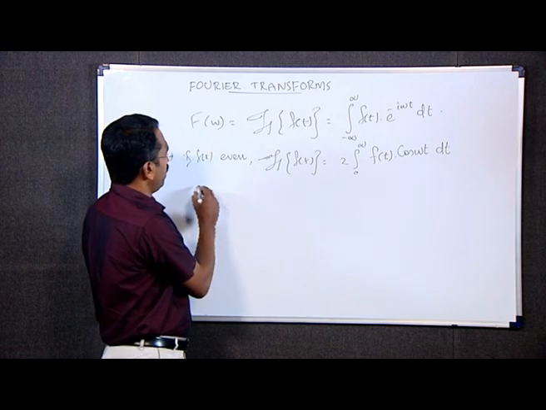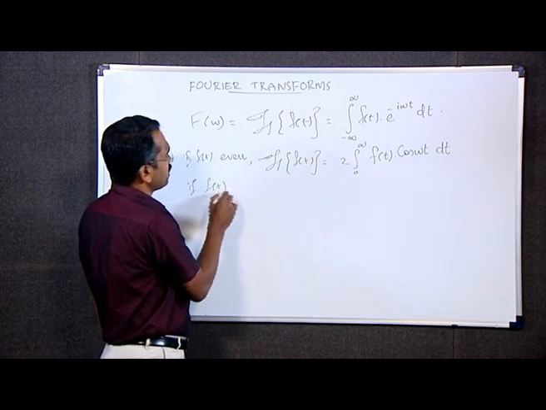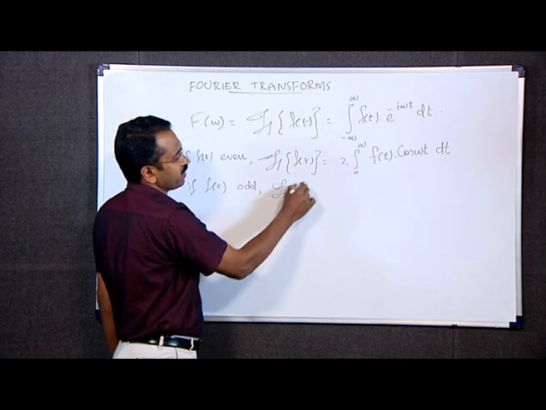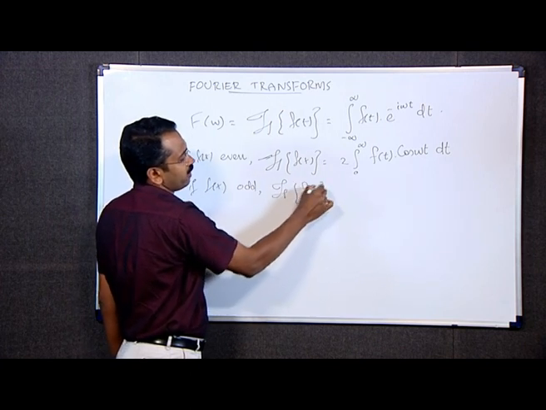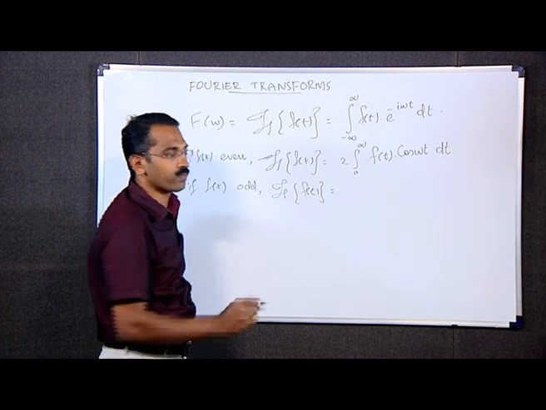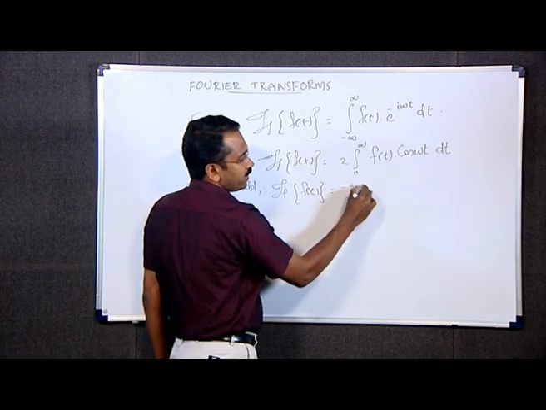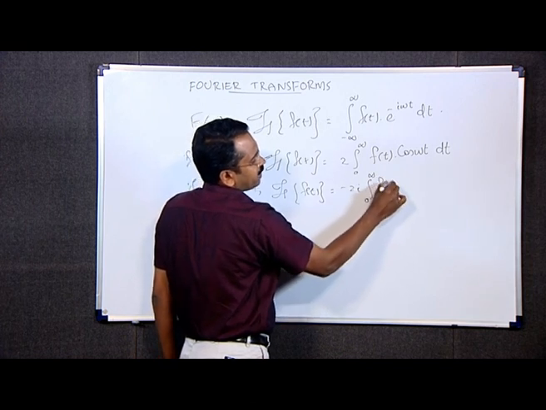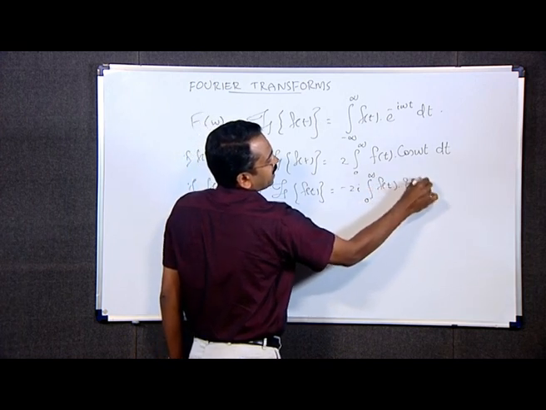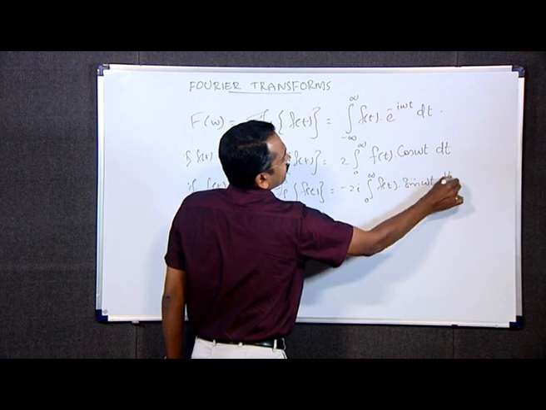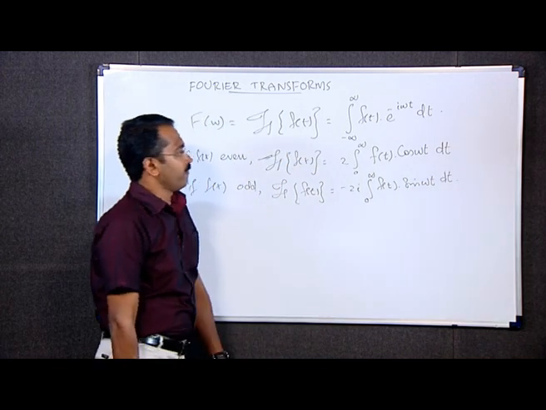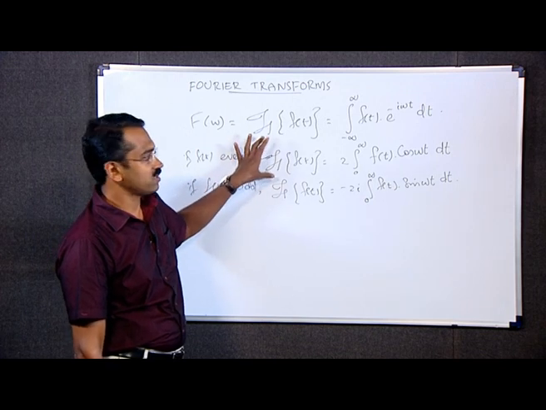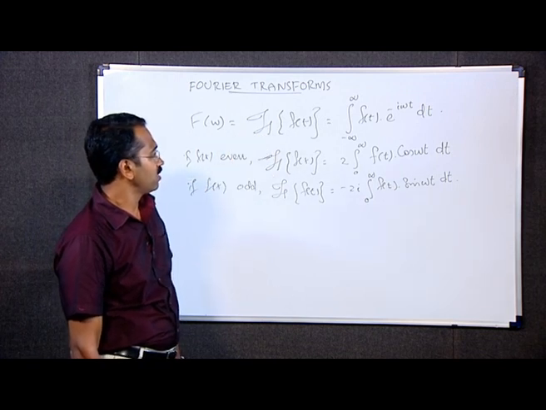And if f of t is an odd function, then the definition will become the Fourier transform of f of t is equal to minus 2i into the integral from 0 to infinity of f of t into sin omega t dt. All these definitions are discussed in the previous session.